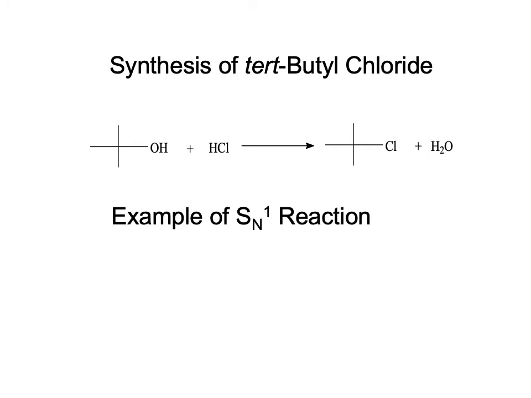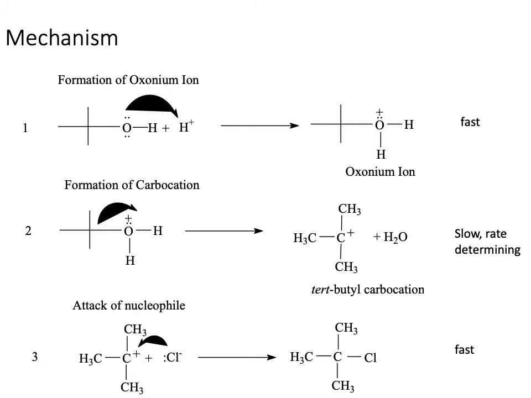So in our work, we have tertiary butyl alcohol, which is changed to tertiary butyl chloride. You see how the reaction is. For the mechanism, first of all, we produce an oxonium ion, and then we have the production of water through the carbocation, which is the slowest step of these 3 steps, and this step is the rate determining.